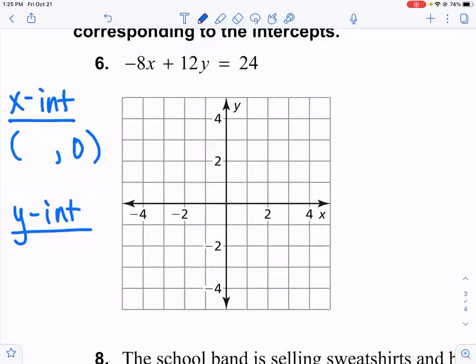The x coordinate is going to be 0. So here's what we know we're looking for, okay? Now I want you to have a 20-second conversation about how you think we're going to figure out what this number is and what this number is. Talk to your neighbor.